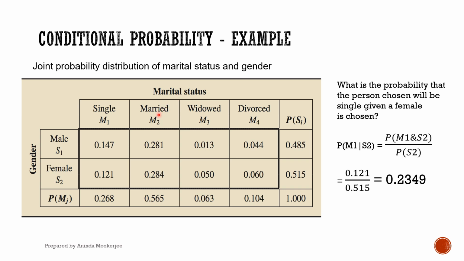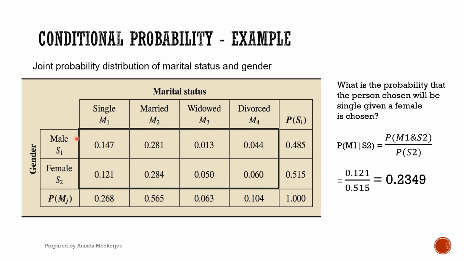They are frequency tables for two variables. So the two variables here are gender and marital status. The two genders, male and female, are across the rows, and the marital statuses are along the columns. So we have four marital statuses here: single, married, widowed, divorced, and they have their notations. The different marital statuses are indicated as M1, M2, M3, M4, and the genders are indicated as S sub 1 and S sub 2.